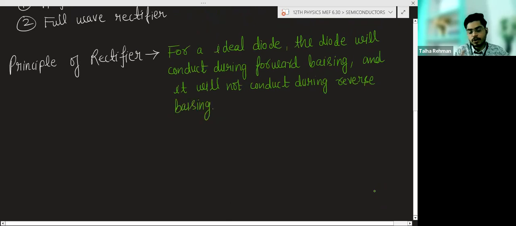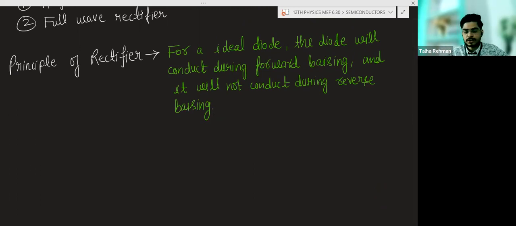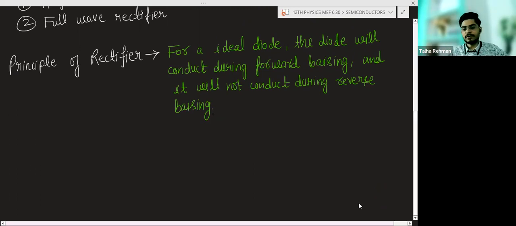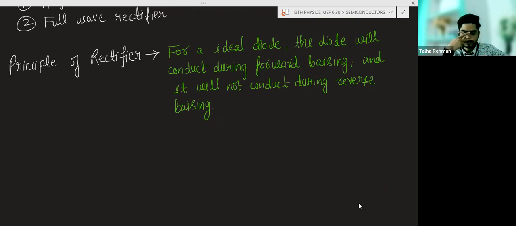So when the diode is forward biased, current can flow through it. When the diode is reverse biased, no current will flow through it.